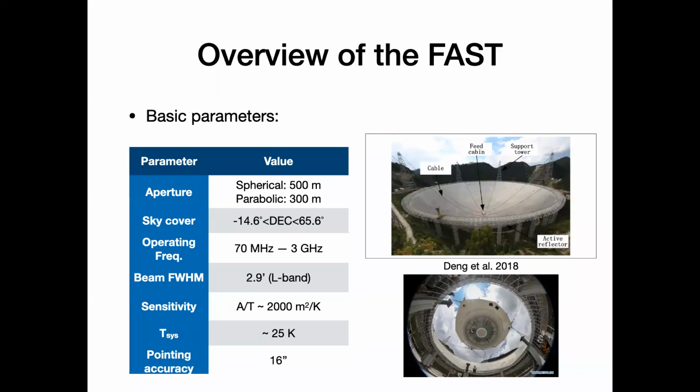The beam size of the L-band receiver is about 3 arc-minutes. It's not too large, but it's better than Parkes and Green Bank. And the sensitivity is high enough. And we know the system temperature has been cooled down to 25 Kelvin.